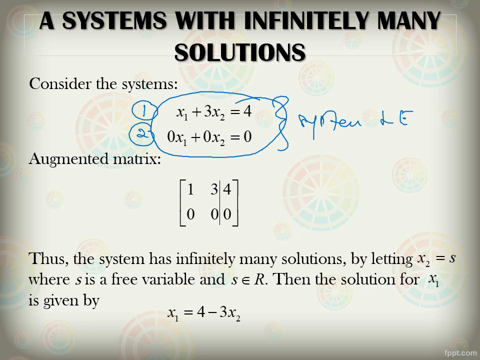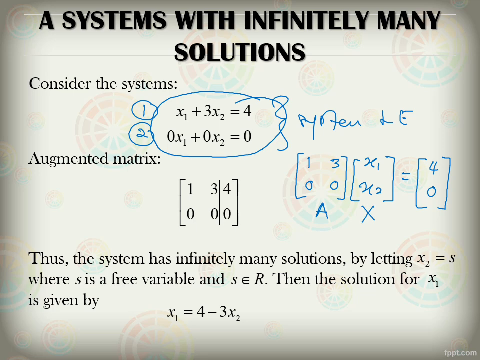So when you write this equation into matrix form, you will have 1, 3, 0, 0. This is your matrix A. Your unknown is still x1 and x2, which is equal to the right hand side, which is 4 and 0.